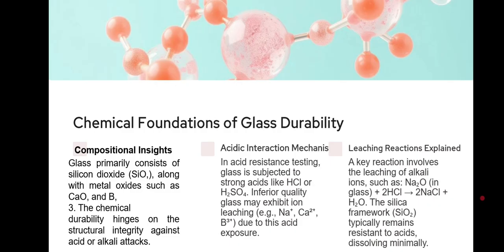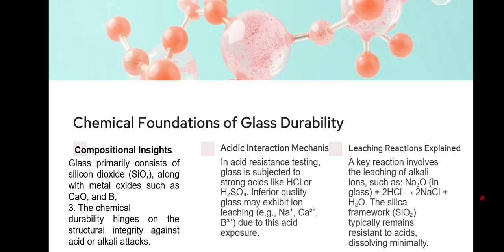This test helps us ensure that the glass we use daily can withstand harsh conditions without degrading or leaching harmful substances. Let's dive into the chemistry behind this test, the procedure, and its industrial significance.